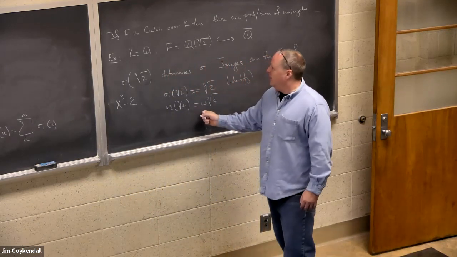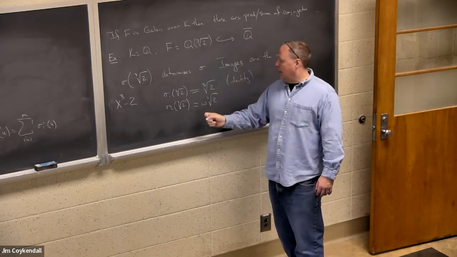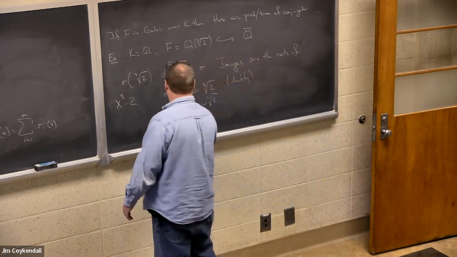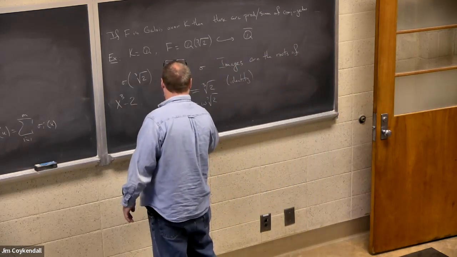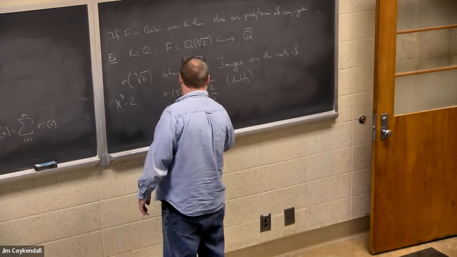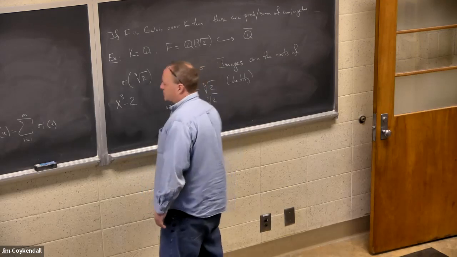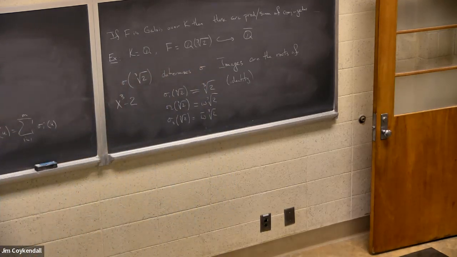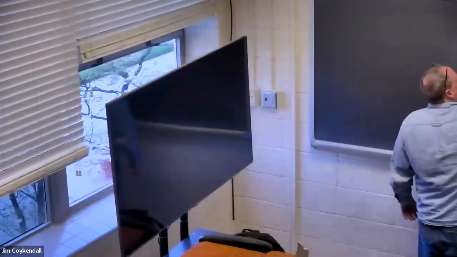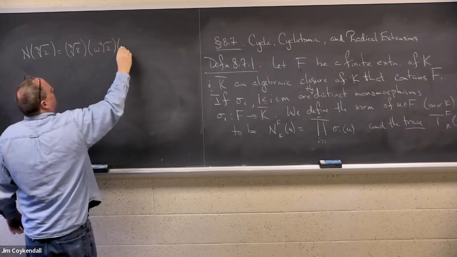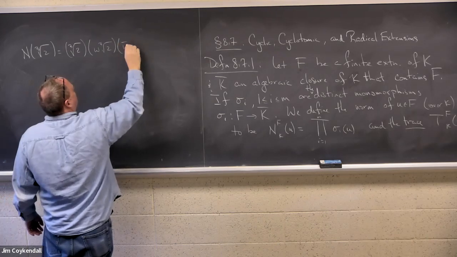Notice that this embedding is actually into Q bar and it's not in the original field, right? It's kicked out. So the norm of the cube root of 2 is the cube root of 2 times omega cube root of 2 times omega bar cube root of 2.